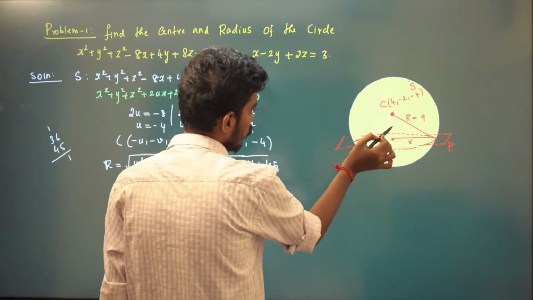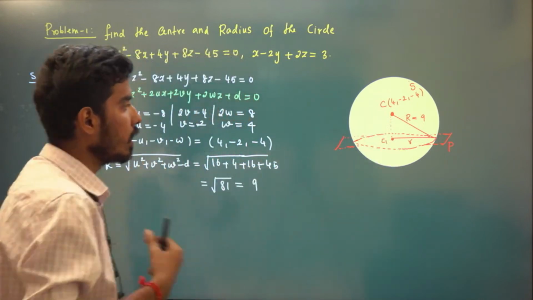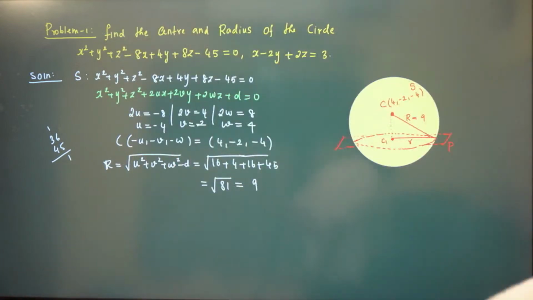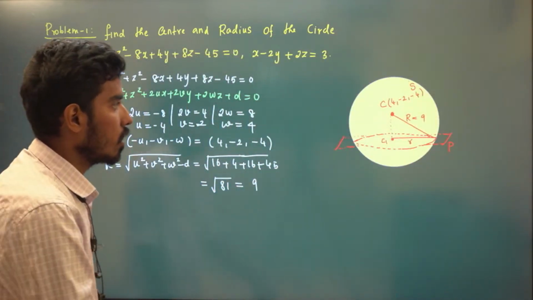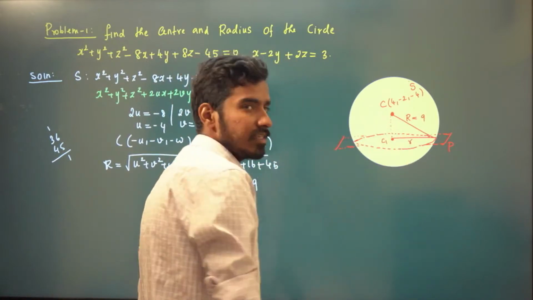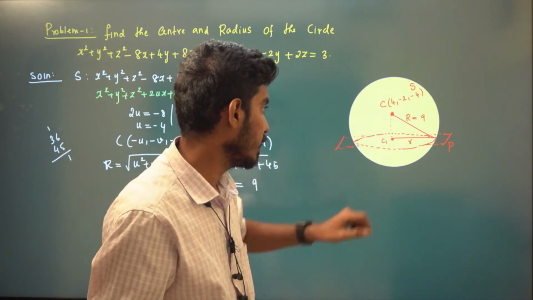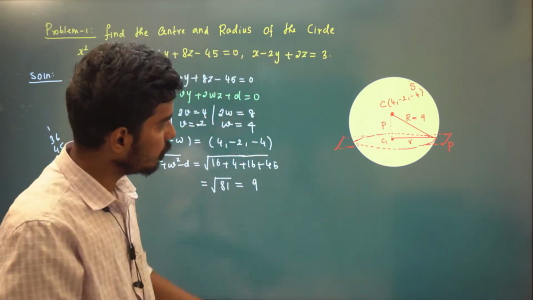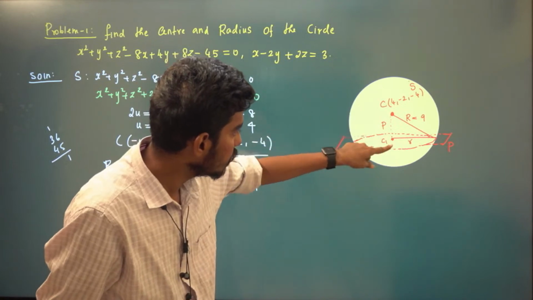Now we need to find C1 and small r. C1 is the center of the circle and small r is the radius of the circle. So how to find them? We can easily find the radius by Pythagoras theorem. See, this distance is p, the length of the perpendicular from this point to the plane.